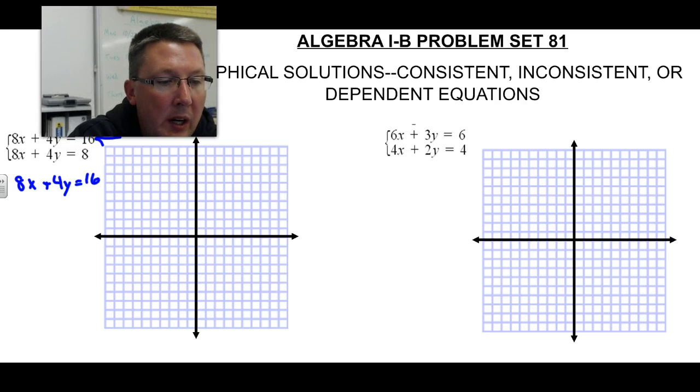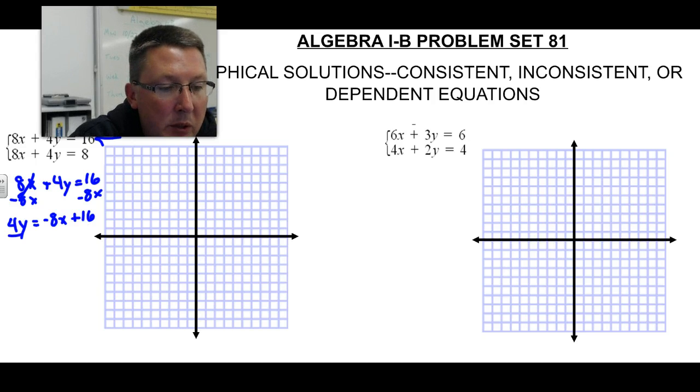To solve that for y, I need to subtract 8x. So that's 4y equals negative 8x plus 16. Always put that x term first, and then we divide by 4. So we get y equals negative 2x plus 4.